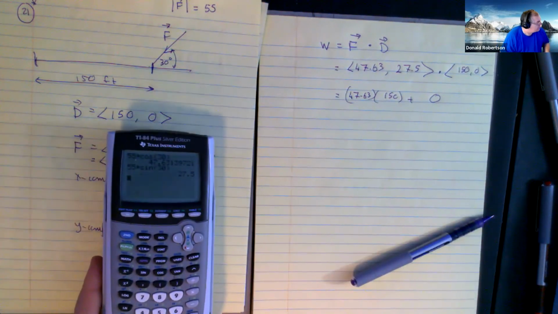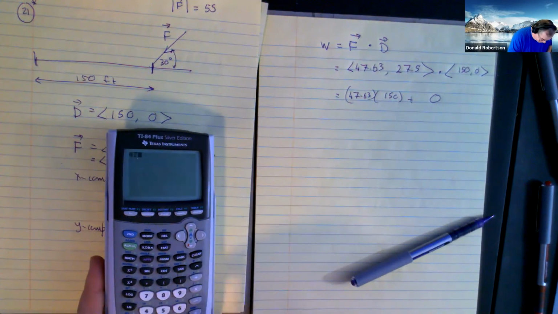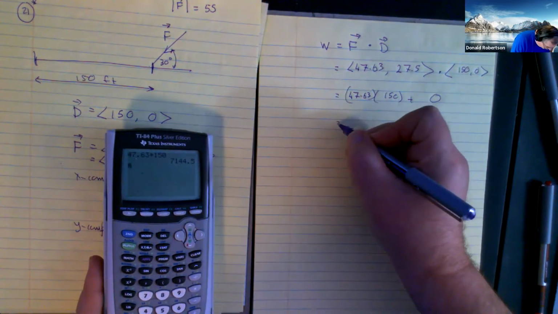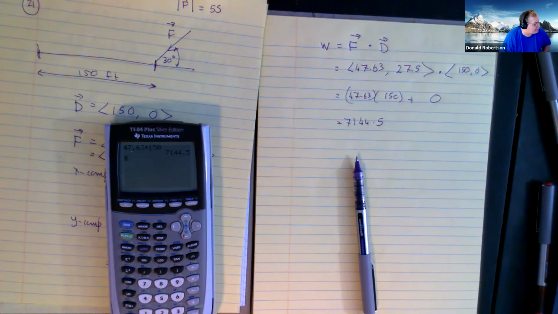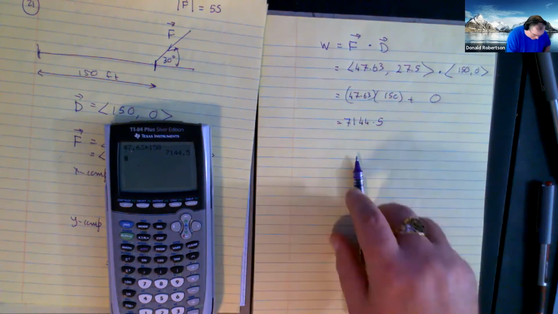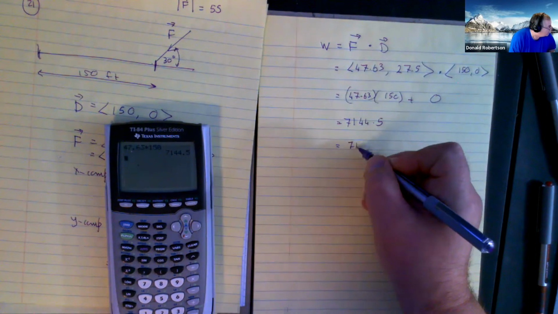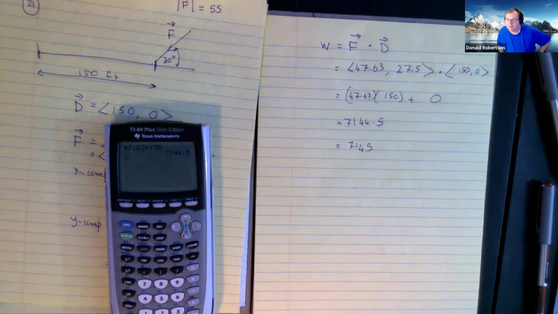So 47.63 times 150, I get 7144.5, which I'm a little bit worried about. So I'm going to check their answer. This is question 21, I believe. And they called it 7145. So I'm happy, right?